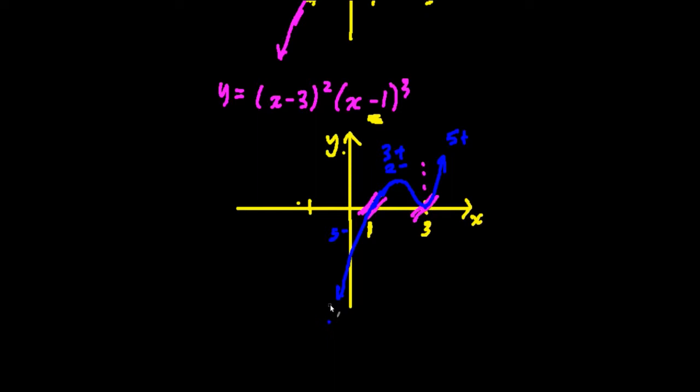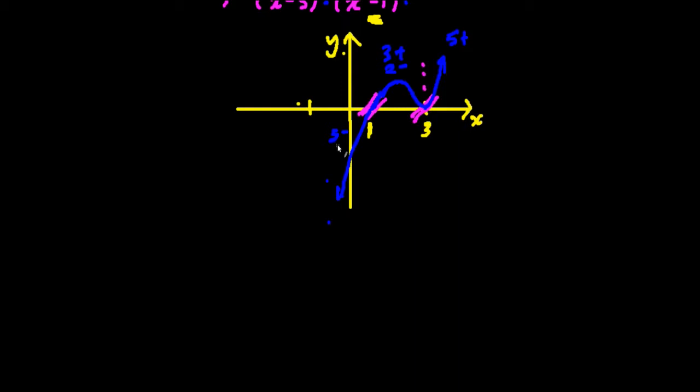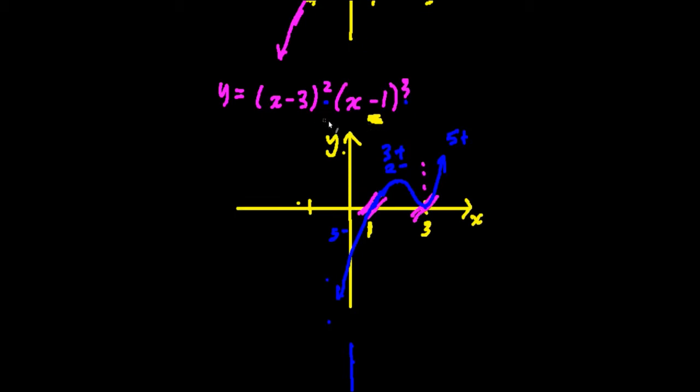Okay, now I want to redo this question again without thinking too much about this. We obviously need it, but just a little trick so that you can be a bit faster when we're drawing that. Okay, all right, now remember I had x minus 3 squared and x minus 1 cubed.